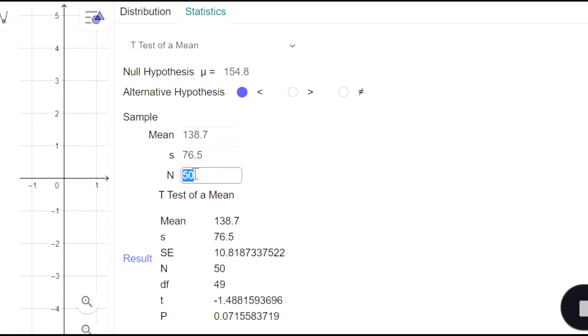Look at my test statistic and my p-value to see what happens. They changed. So how did they change? Here my test statistic is a negative 2.10, and my p-value became 0.0189.